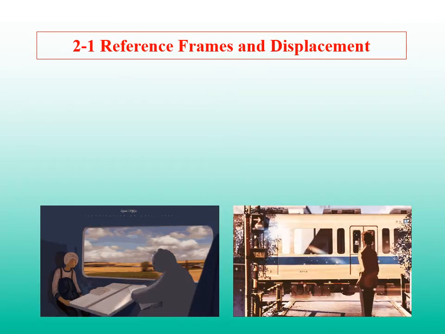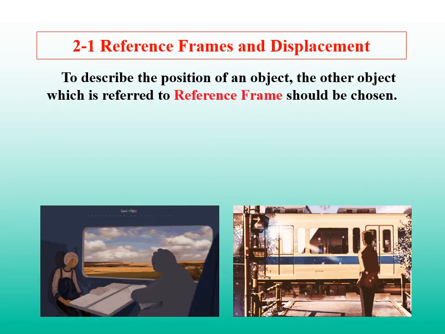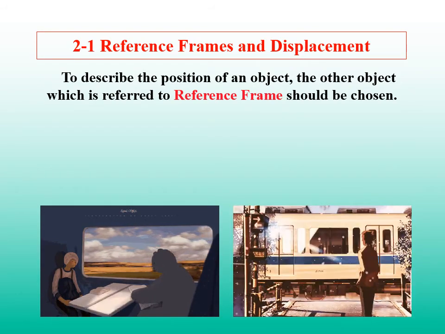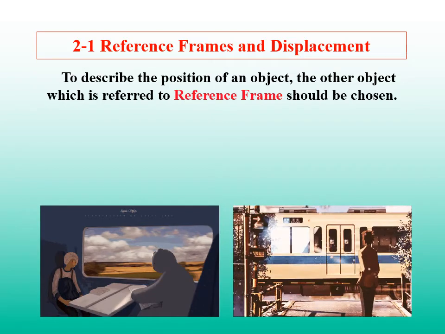Reference frames and displacement. To describe the position of an object, we need to specify a reference, which is another object we use to make a comparison. If we choose different objects as the reference frames to describe the motion of a given object, the descriptions will be different.